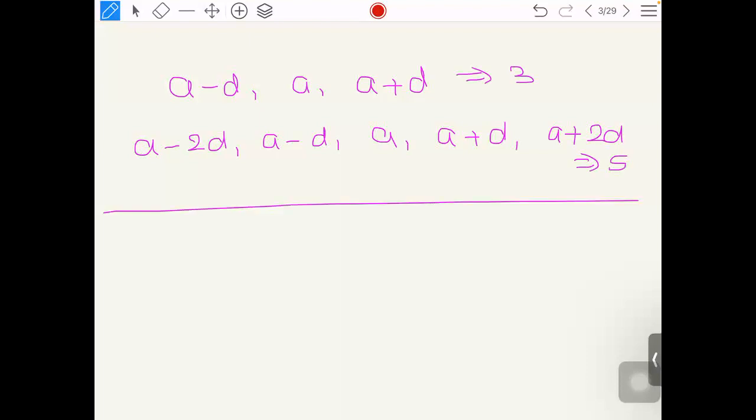If the summation of four terms is given, then we take a minus 3d, a minus d, a plus d, a plus 3d, and so on. You have to be very careful, because here a is not the first term, and d is not the common difference. Rather, the common difference is 2d here. Similarly, in the first case, a is not the first term, a is the middle term, and d is the common difference. So this is about AP.